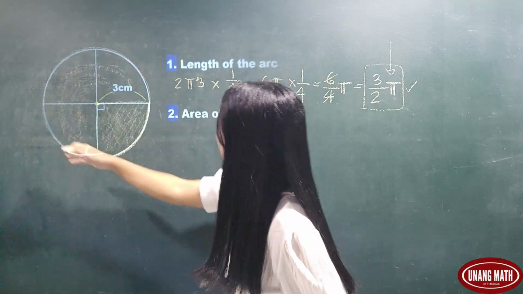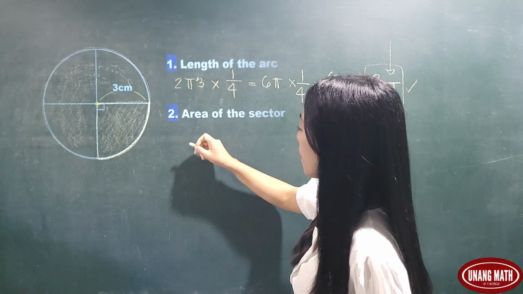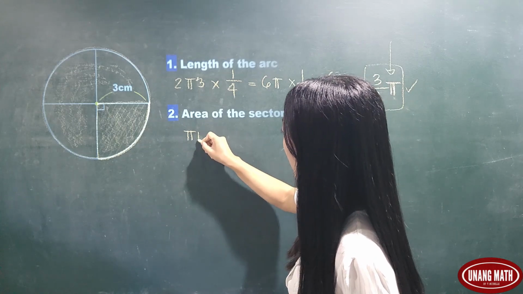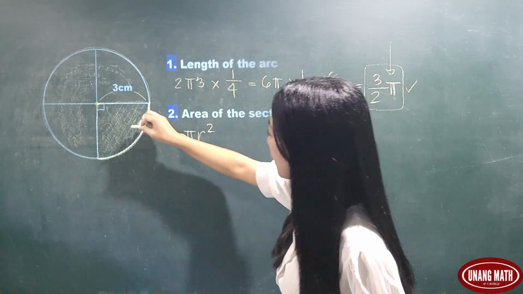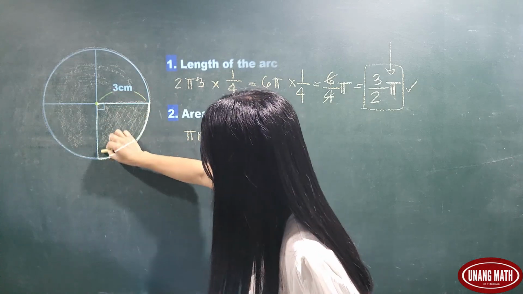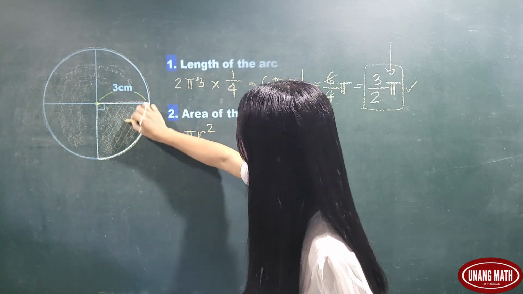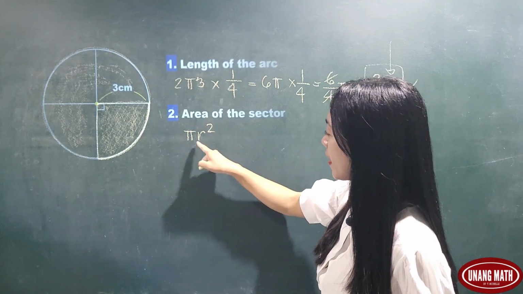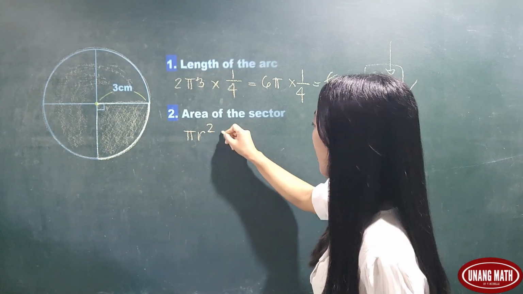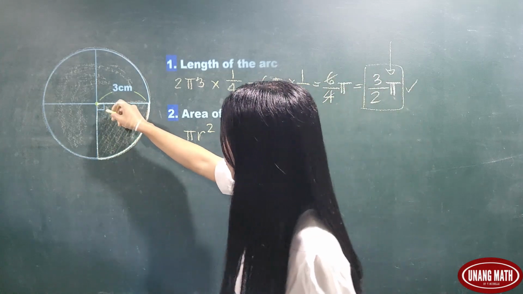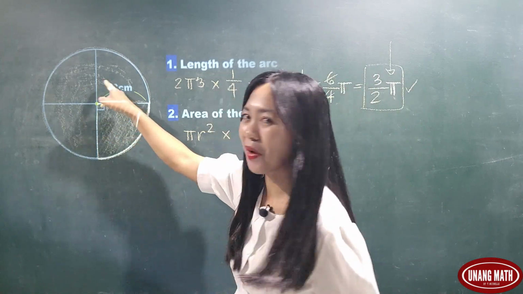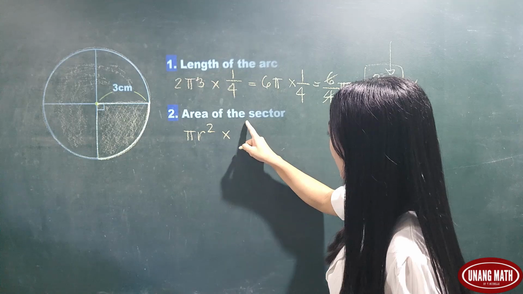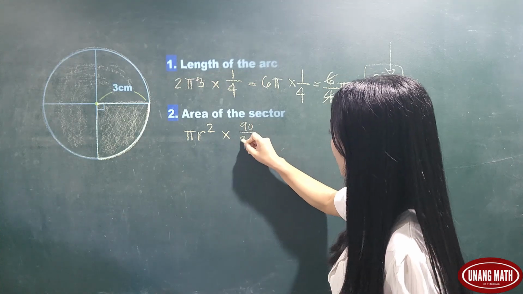If it's the whole area, then that is equal to pi r squared. But since we are just looking for this specific area of this sector, then we have to multiply pi r squared, or the whole area, by the ratio of the central angle to the whole, which is 90 over 360.